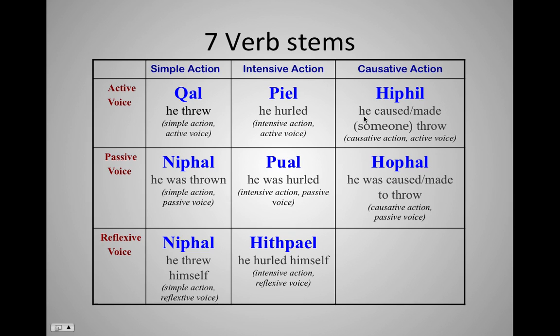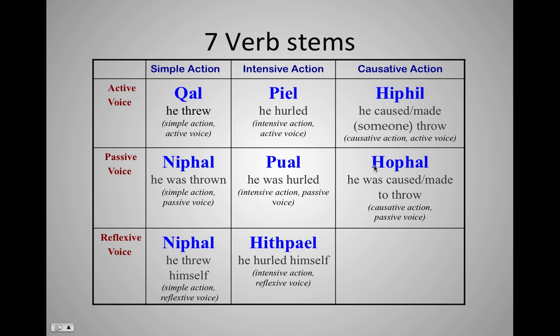The Lord caused David to rule. You can hear there's this force of action behind the subject, essentially. So the Lord made David king, or the Lord caused David to be king. In that sentence, you can definitely see how there's a force that's causing someone else to do something.